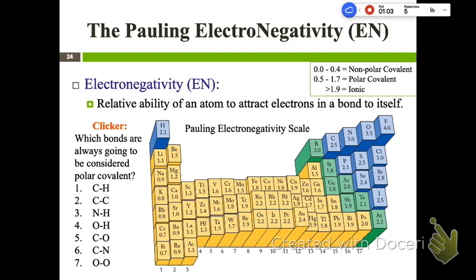You see our scale up here? Everyone catch that?